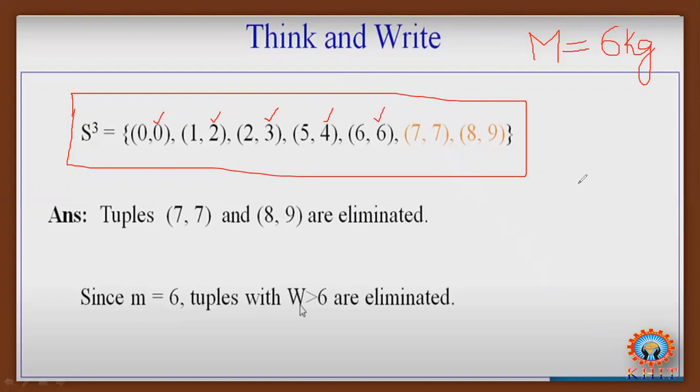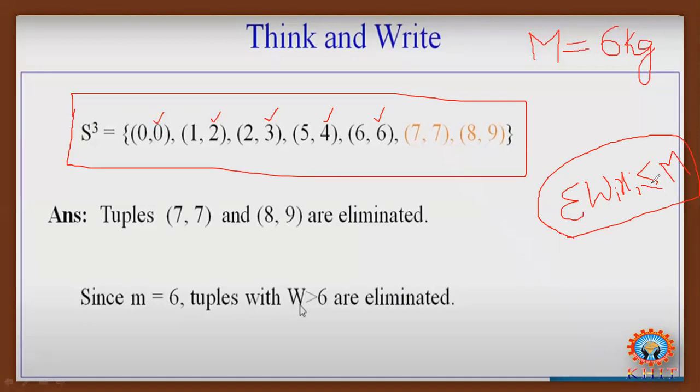That means the sum of W i x i is less than or equal to M. This is the formula. The total weight of all the items which you place in the bag should not exceed the capacity of the bag.